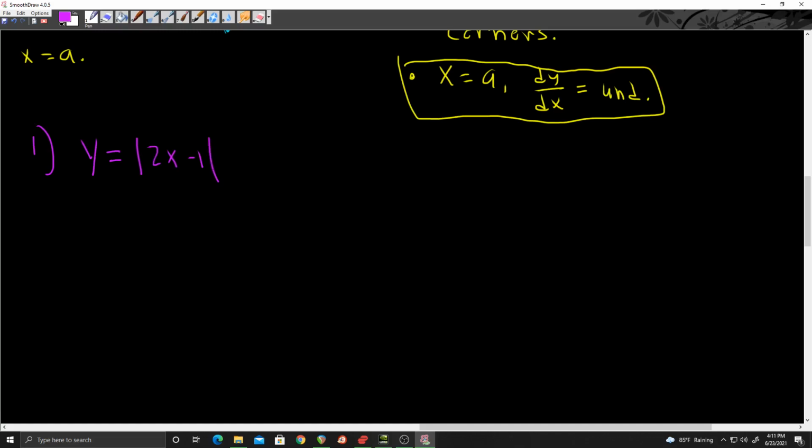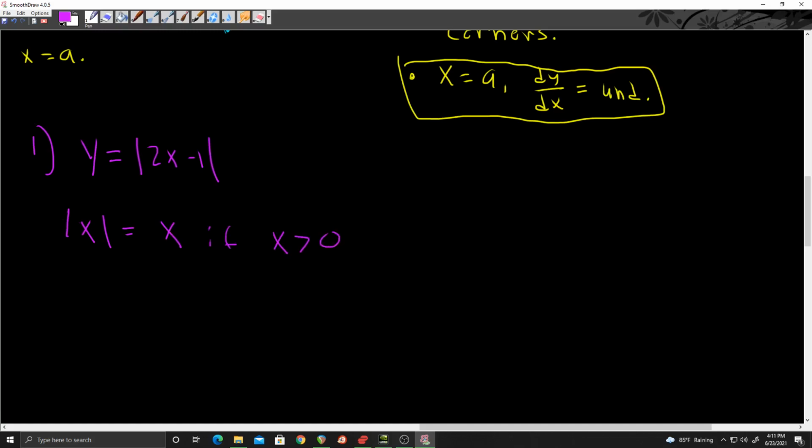Again, this is an absolute value function, so it's going to have that V shape. Let's remember that the absolute value of any number is literally that number if that number is positive.